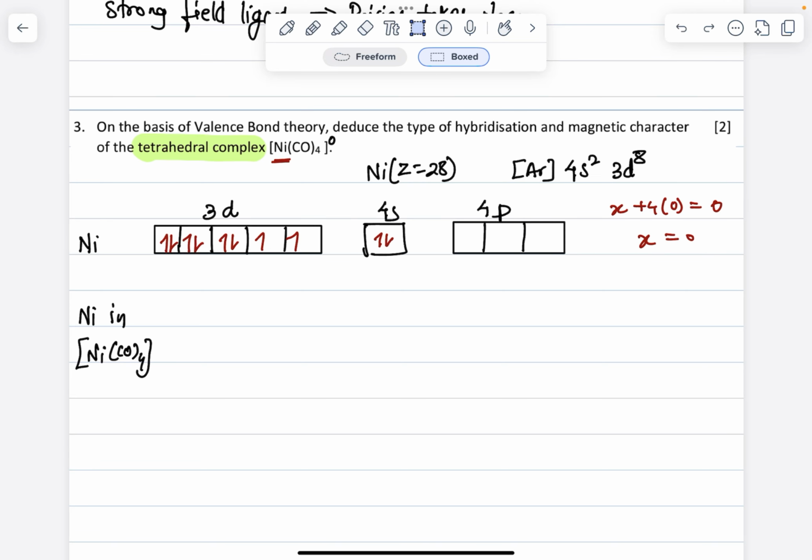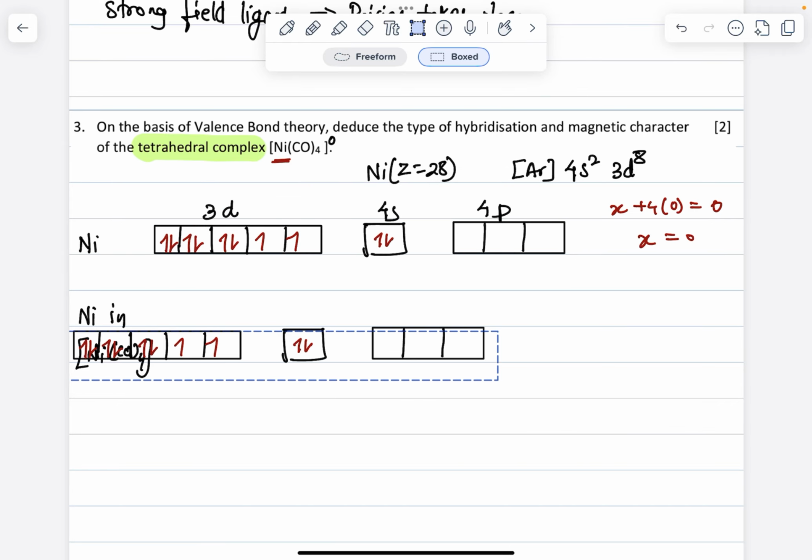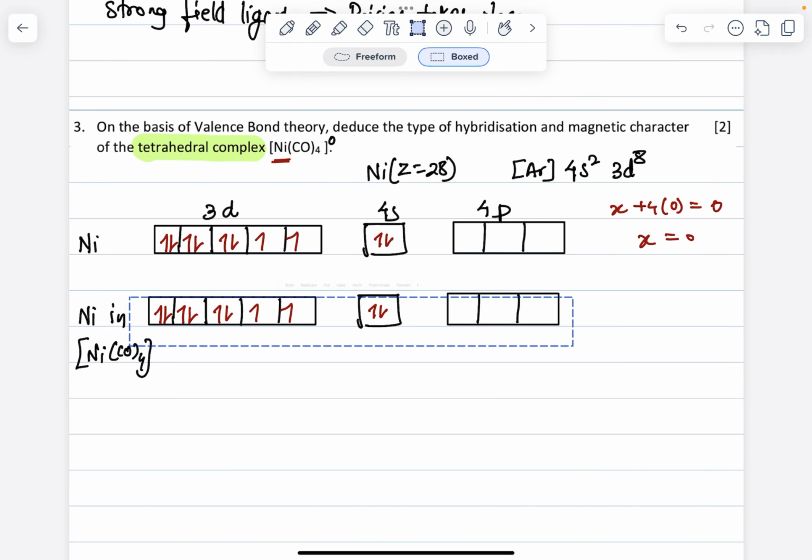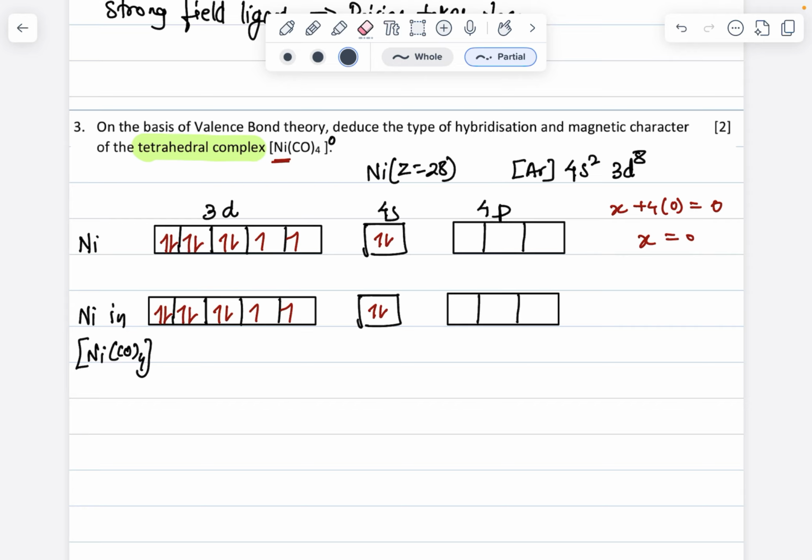Is carbonyl a strong field ligand or a weak field ligand? Carbonyl is a strong field ligand. So pairing is going to take place.